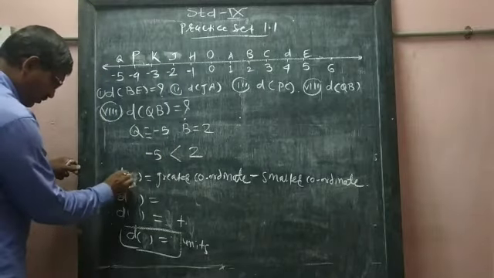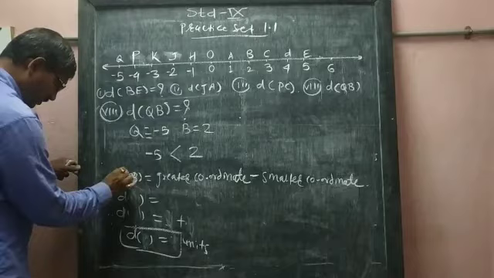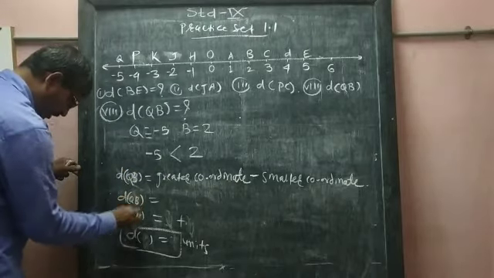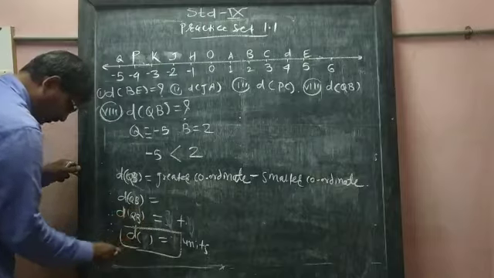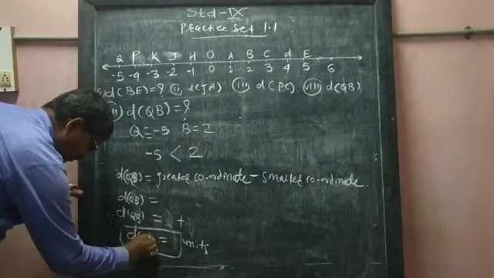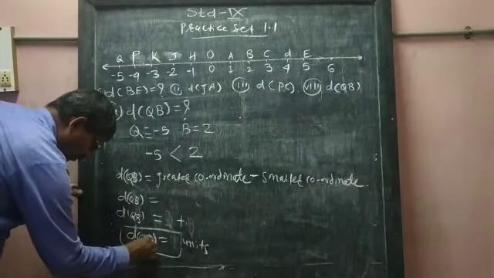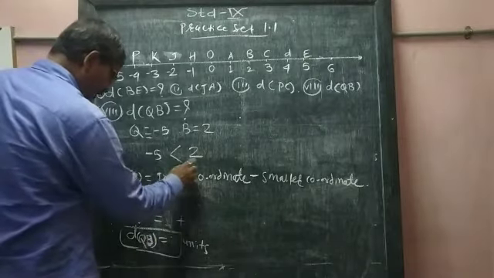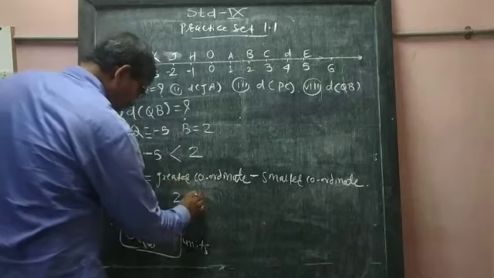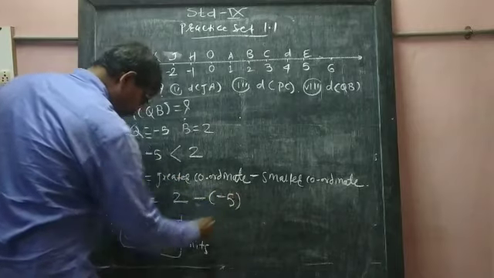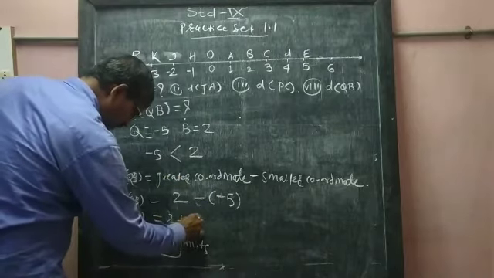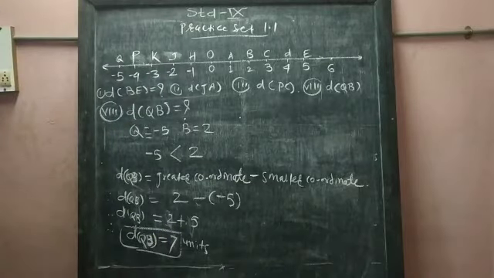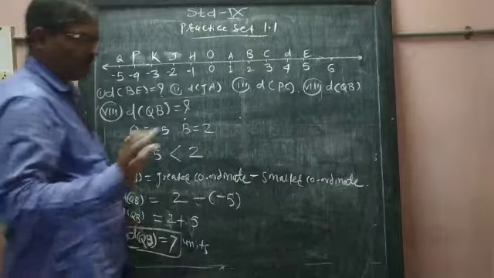Therefore, the distance of QB is the greater coordinate 2, minus in bracket minus 5. Then 2 plus 5 you will get 7 units. By this way, I will stop here question number 1.